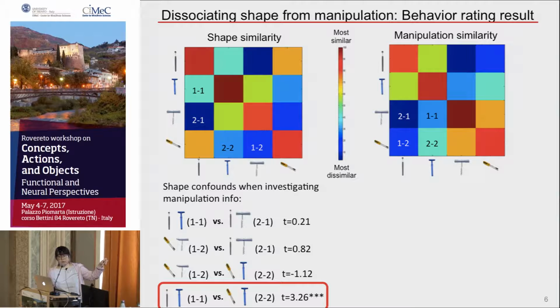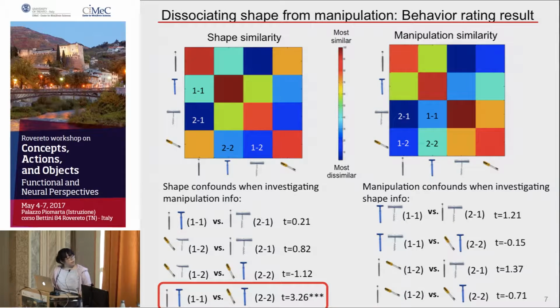So this pair was not entered into the further analysis, to make sure that we observed real manipulation information. We did a similar analysis for the shape effect and found no significant manipulation confounding effect, so all of these pairs were entered into the further analysis.